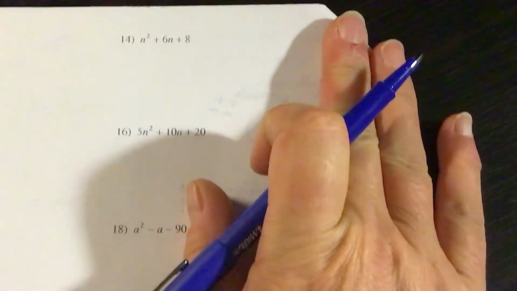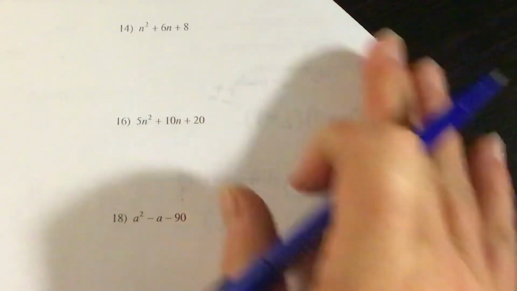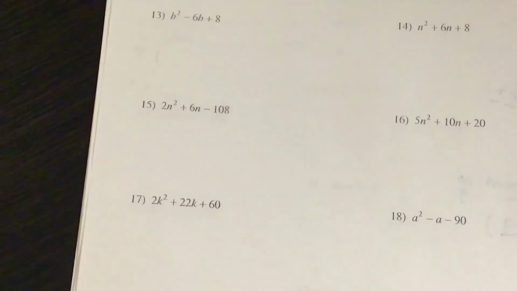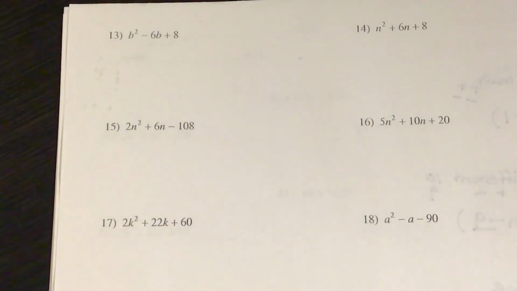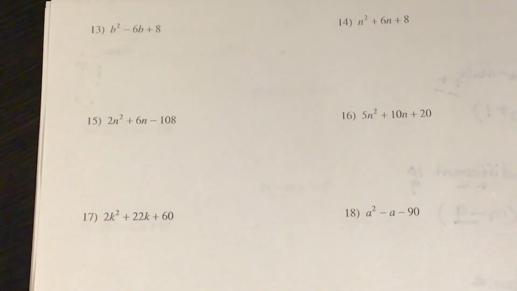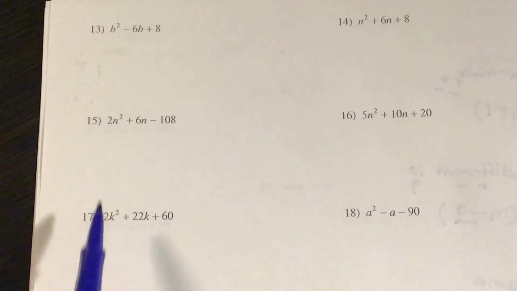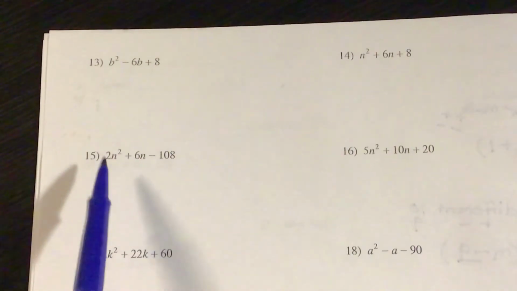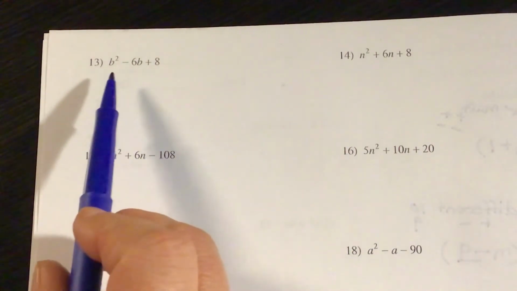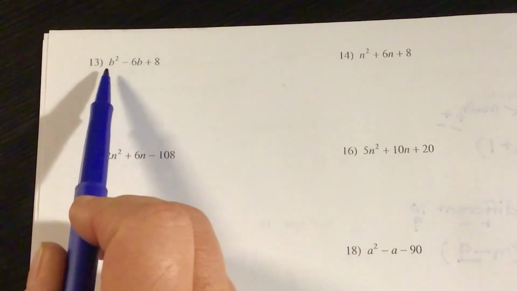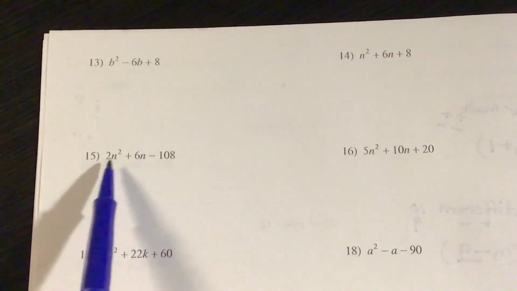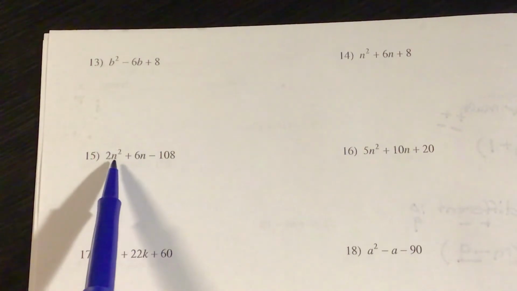All right, so there's one other thing that I want to look at, and this is on the back side. So let's look at number 15. For number 15, notice I don't have just a 1 in front of my b squared, or in front of my squared term.